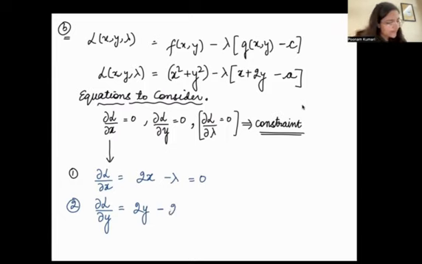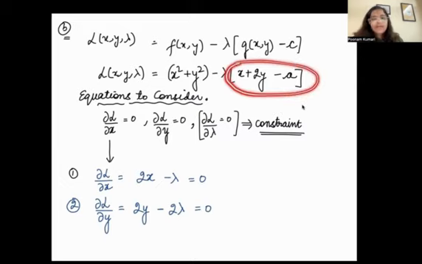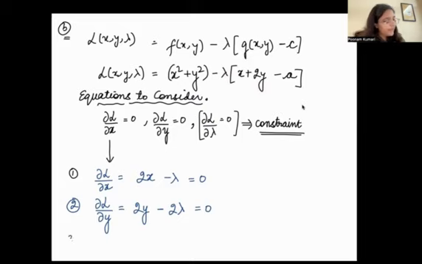So this will be minus 2 lambda, and lambda a will also be treated as a constant, so that will be 0. And if I do the derivative with respect to lambda, all of this will be treated as a constant and multiplied by this, so I just get my constraint. Third step will be x plus 2y is equal to a. These are the three equations.